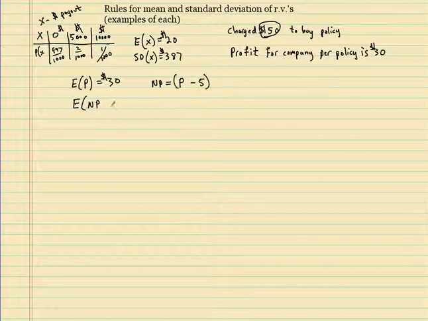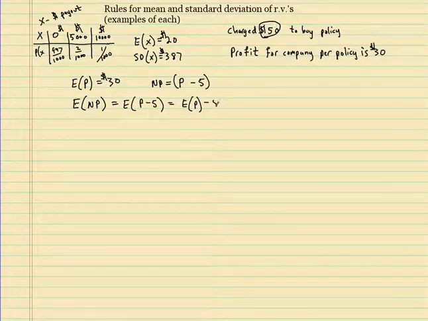Okay, so if I said what's the expected value of the new profit, you see how this works? I'm just substituting. See, NP equals P minus 5, so this would be the expected value of P minus 5. So that's the expected value of the old profit, which was $30, minus 5, which would be $25.